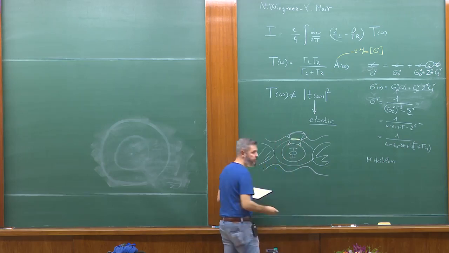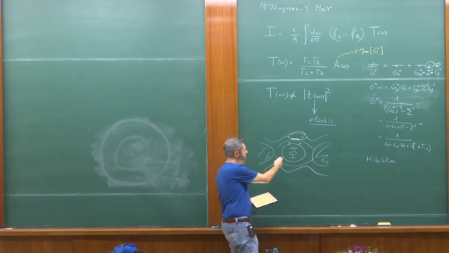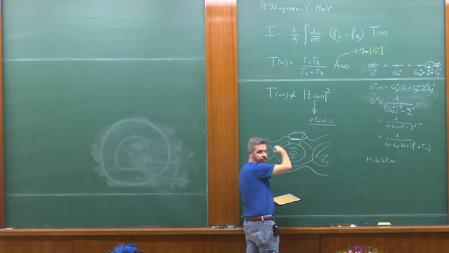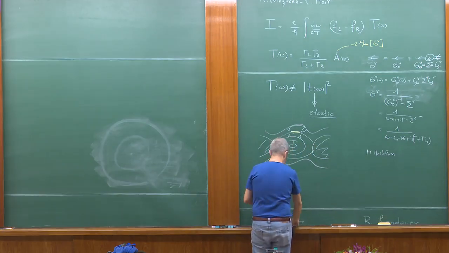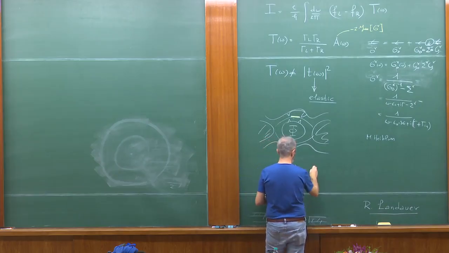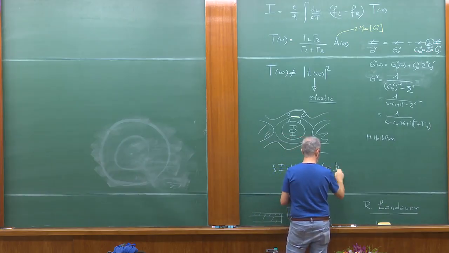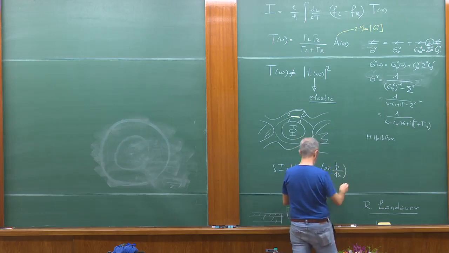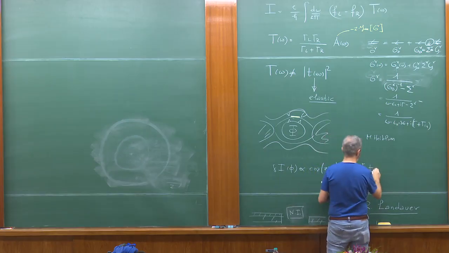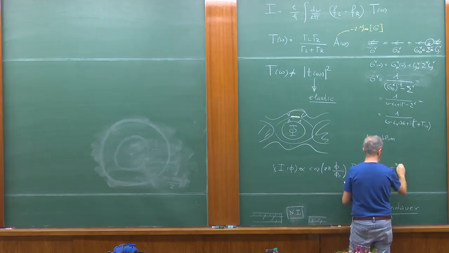Well, then, in this particular case, the term of the current that oscillates with the flux, that is the result of the interference between these two paths, turns out to be proportional to cosine of 2 pi phi over phi naught, where phi naught is the flux quantum, times the real part of T elastic of omega, which is the expression I wrote up there, times T star of the lower branch.